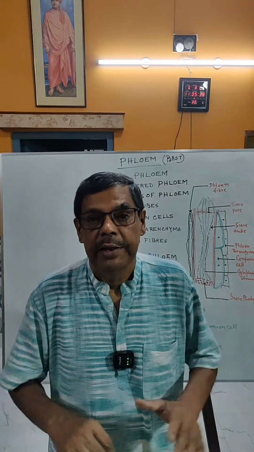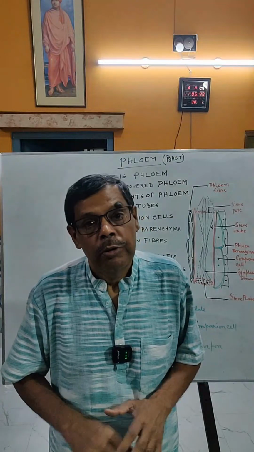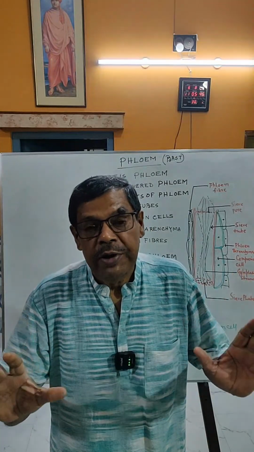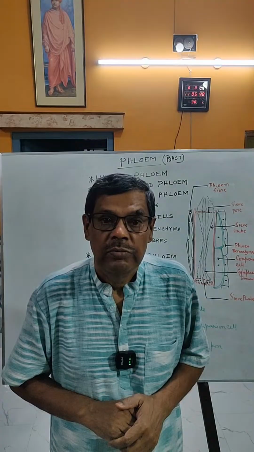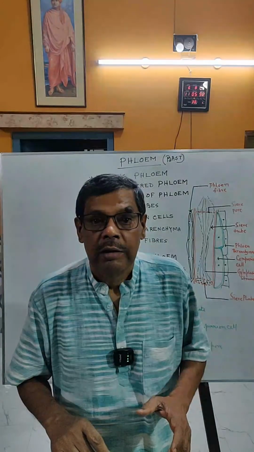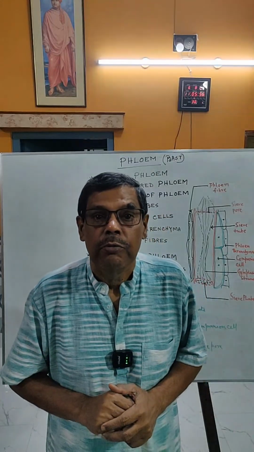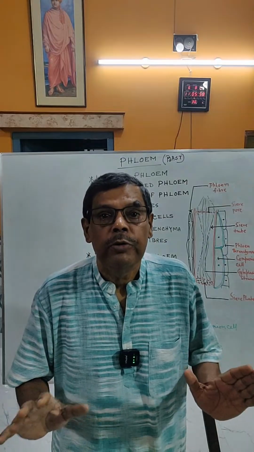In primary phloem, the part which differentiates from the procambium strand first, and whose diameter is narrow, is called protophloem.